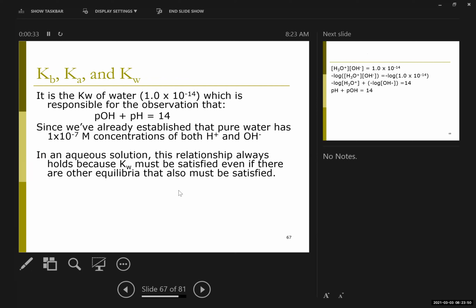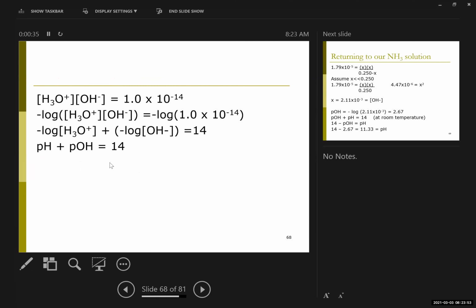Technically, this is really just the log of the KW equation, because if I'm going to satisfy the equilibrium for the water reaction, this has to be true. And so the product of the hydronium and the hydroxide is always 10 to the minus 14.